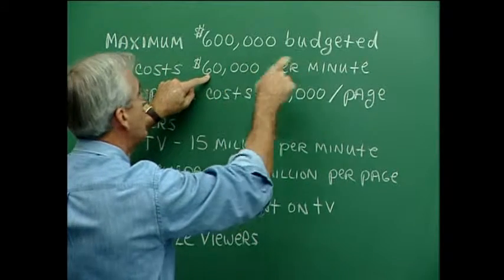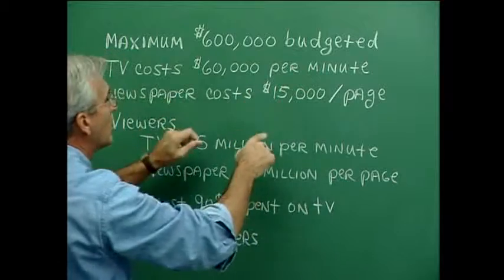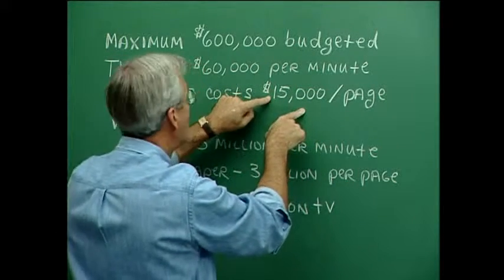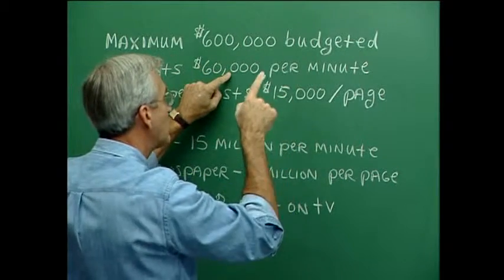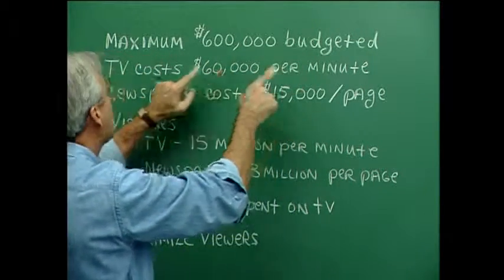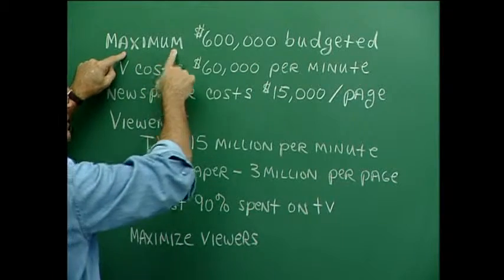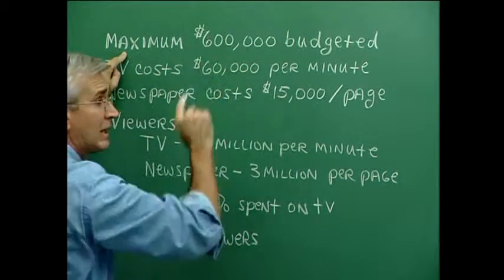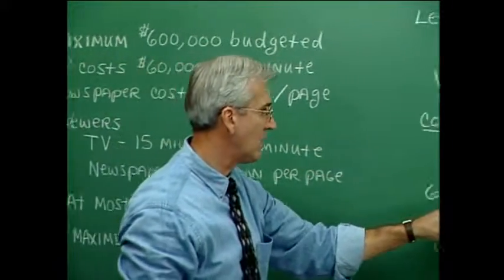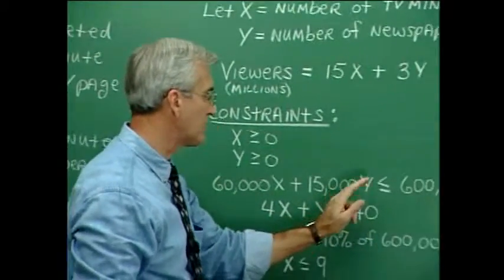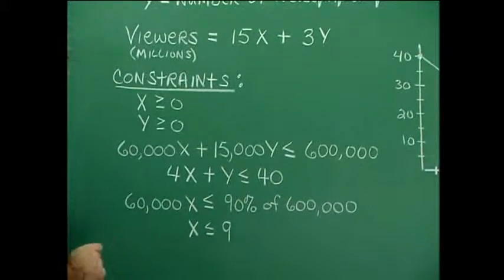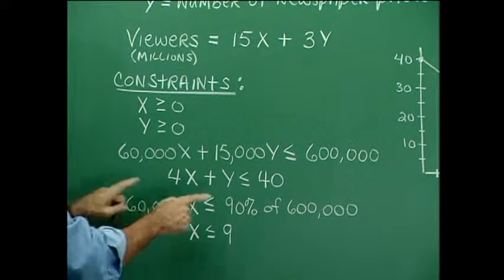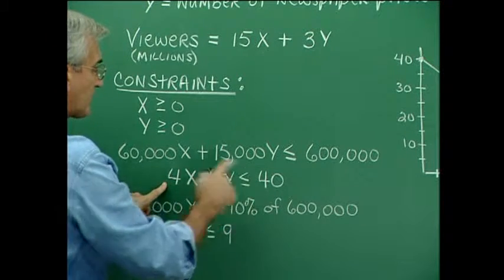So it's 60,000X, and then the newspaper pages cost $15,000 apiece, so it's 15,000Y. So 60,000X plus 15,000Y needs to be less than or equal to $600,000, because this is the maximum amount. We could spend less than that. Now I've gone ahead and simplified a bit by dividing through by 15,000, and it becomes 4X plus Y is less than or equal to 40.